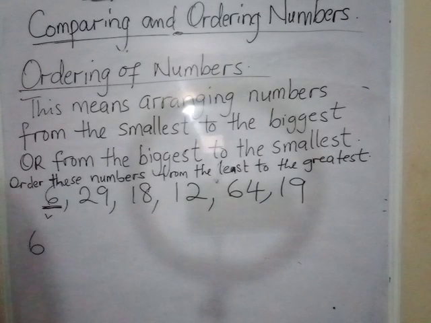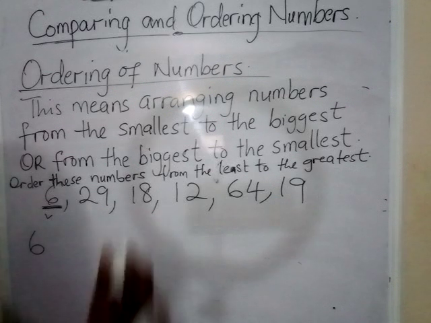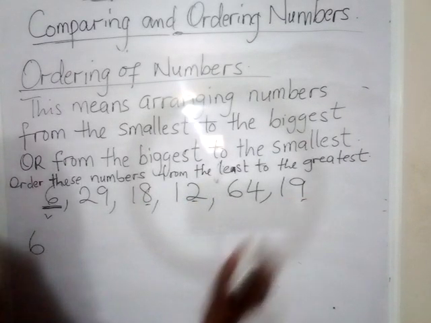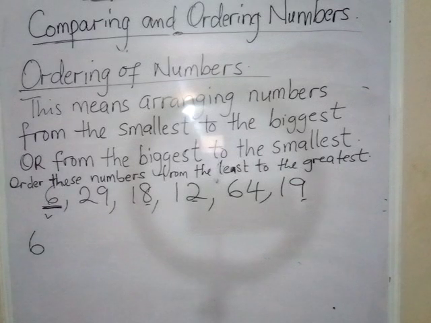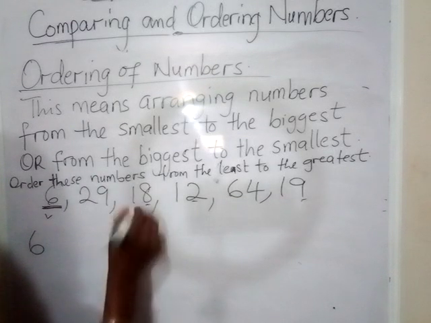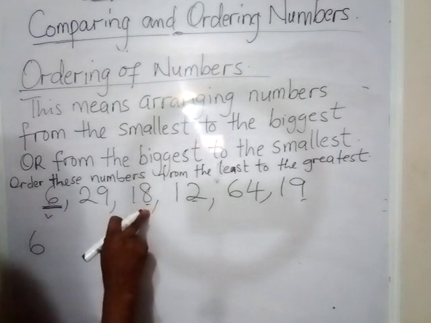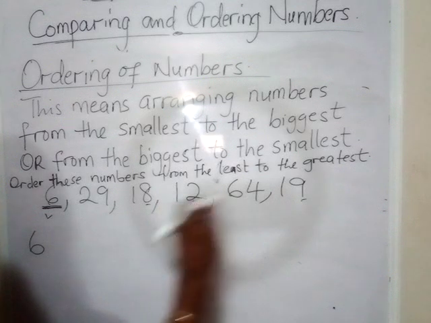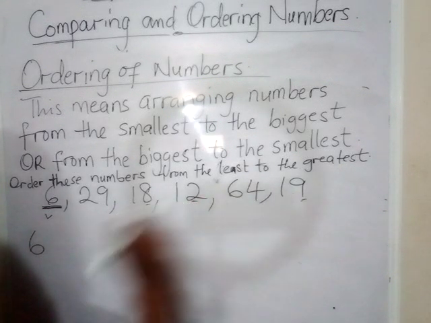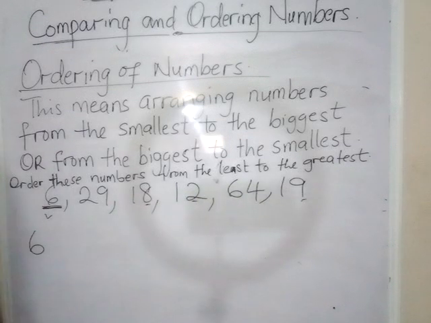Now, we have 3 of them with the same number in the tens position. So how do we determine which is bigger and which is smaller? We use the digits in the units position. The first one has 8 in the units position, the second one has 2, and the third one has 9. Which of these digits has the smallest value?